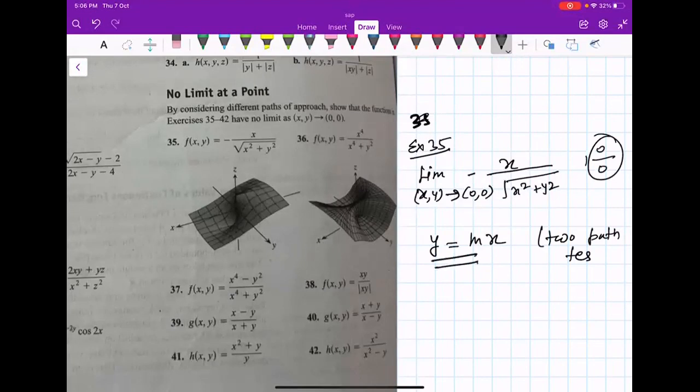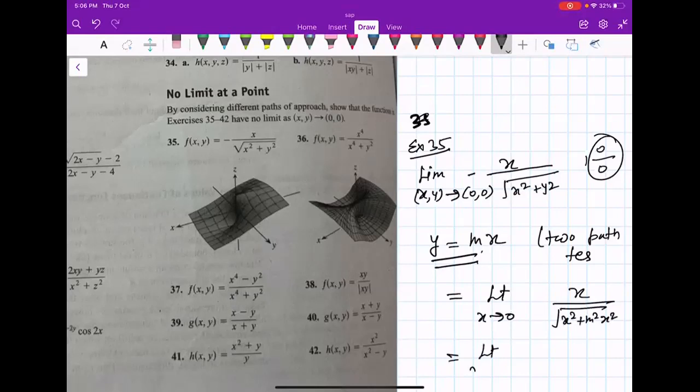Okay. So now limit x comma y is tending to 0, 0, x upon under root x square plus y square. x is tending to 0. So y equal to mx, x square plus m square x square. Understand?